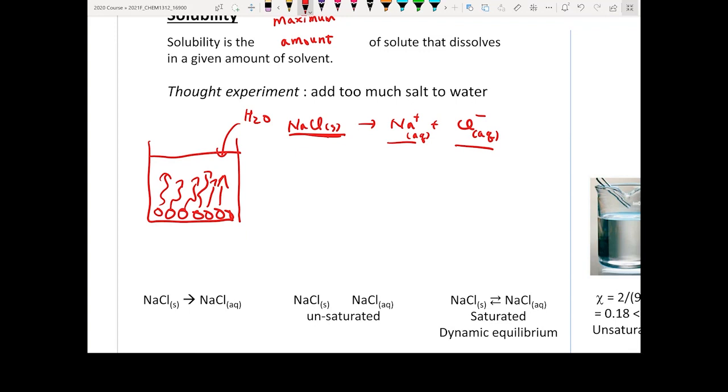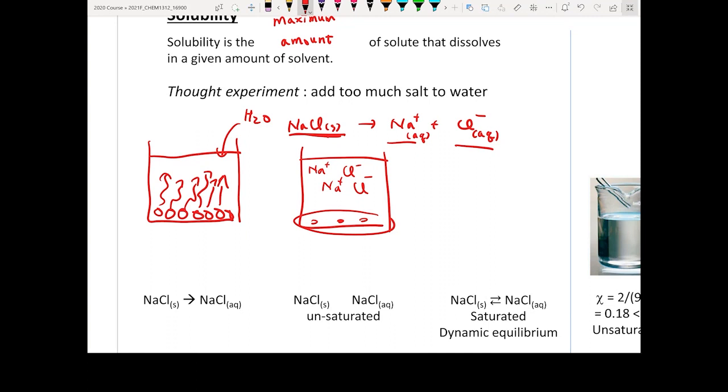You can keep throwing these in, and after some time, after stirring, you're going to have many Na+ and Cl- inside your beaker, which is invisible, but you can still see a tiny amount of the salt at the bottom. If you keep stirring, then everything will disappear.